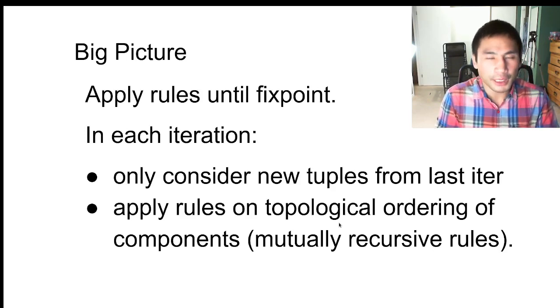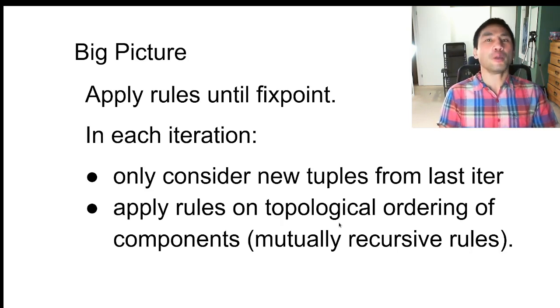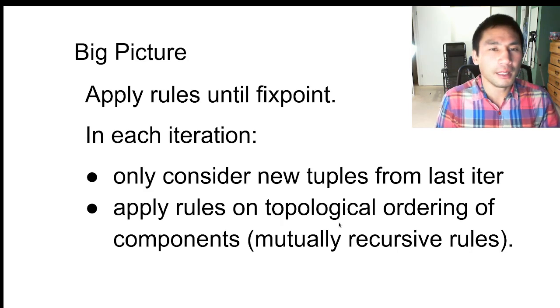All right. The big picture is, as I've said before, in a Datalog solver, you apply rules until you reach a fixed point. And then in each iteration, you only consider the new tuples from the last iteration. And again, notice that we are talking about computing with respect to one input. We're not changing the input yet. So iterations are with respect to computing one solution for one input.